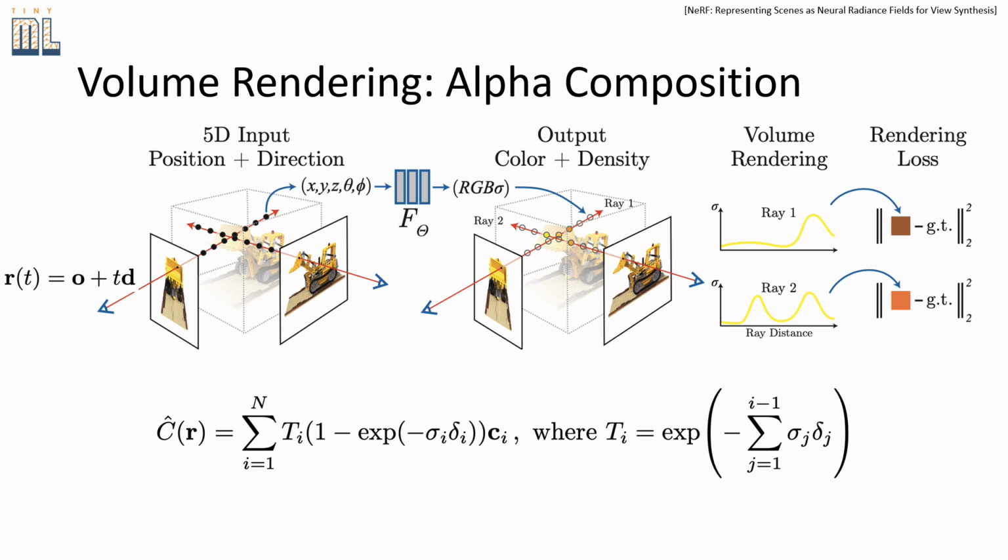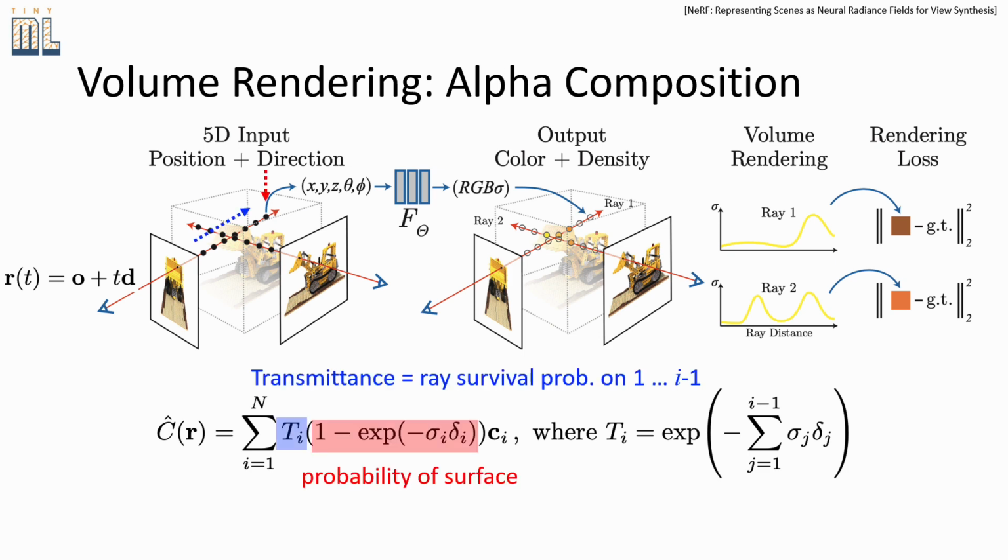So on each sample point, you have RGB color and the surface probability. And then the remaining step is only one thing. You do weighted summation of them to obtain the color of the pixel. Very simple, as you can see in this equation.